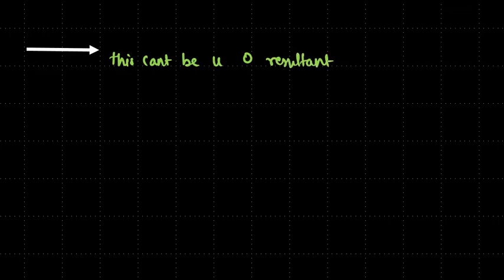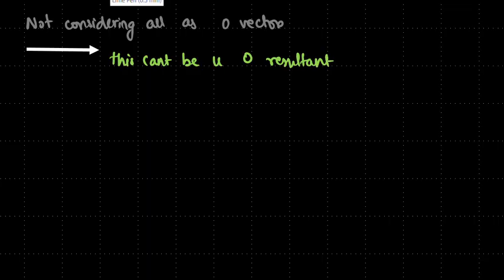But we are not considering that case, so I'm not going to write this. So let's write: not considering all vectors as zero vectors. That's what I'm trying to say.